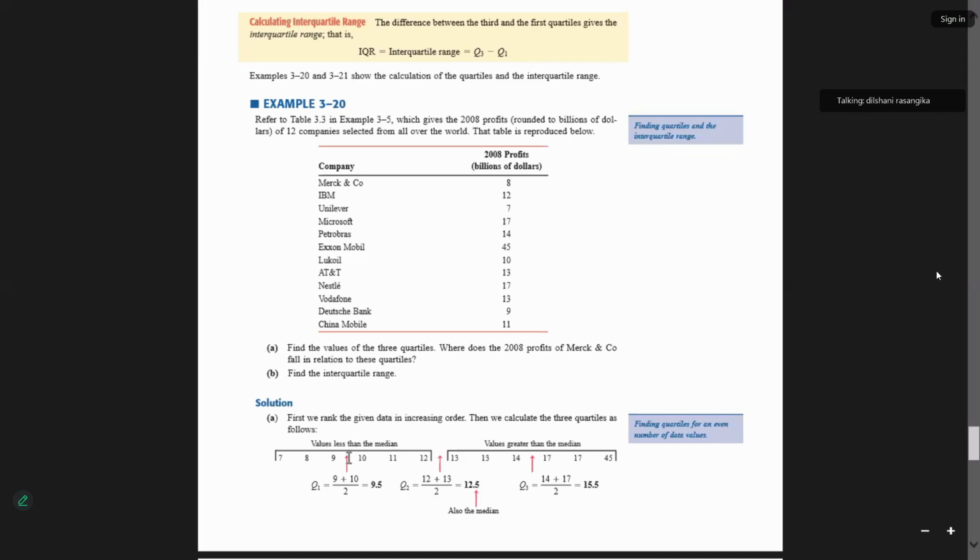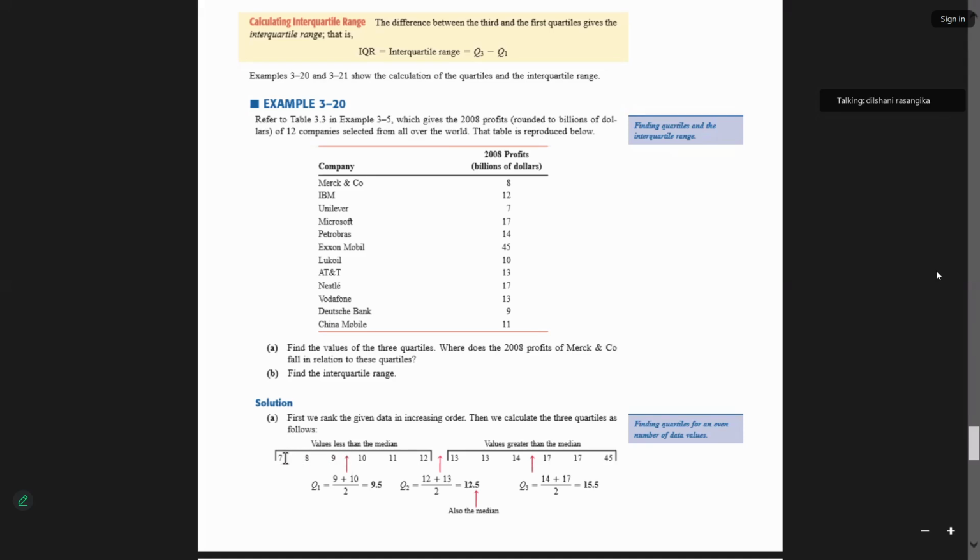Then we need to find the middle value of this first portion. In such cases, 6 divided by 2 equals 3. That means there's an exact value without decimal points, so it is divisible by 2. Then we need to take the third value and the fourth value.